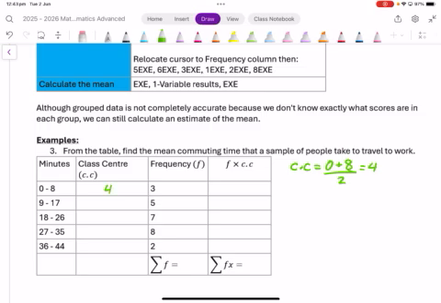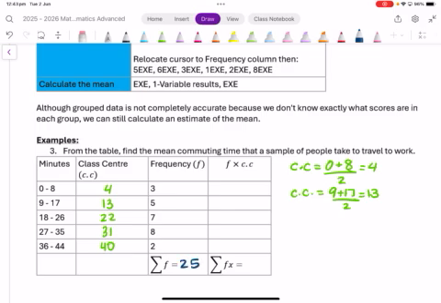Okay, we can't really see a nice pattern straight up, so our class center for our next one would be 9 plus 17 divided by 2, which equals 13. Okay, we can then work out the next ones to be 22, 31, and 40 by doing that. To find the sum of our frequency, we add 3, 5, 7, 8, and 2 together to get 25.